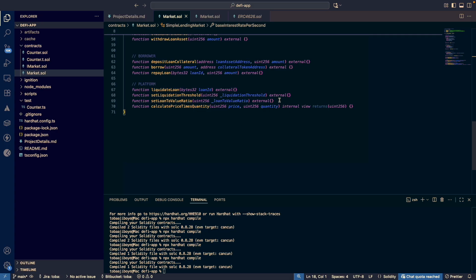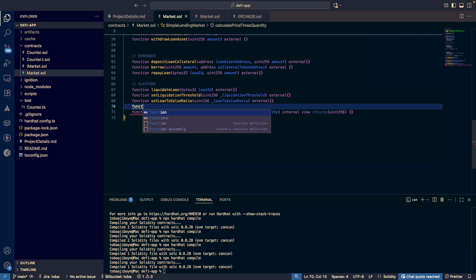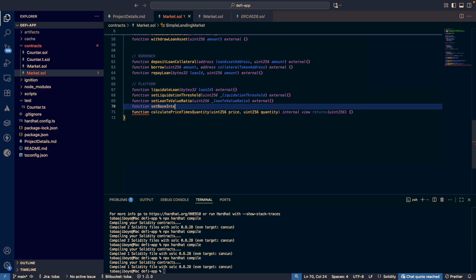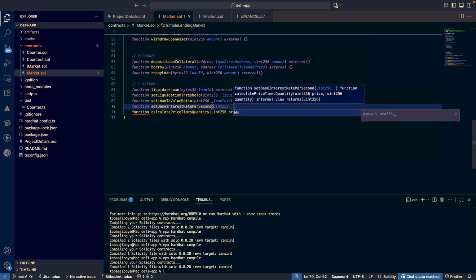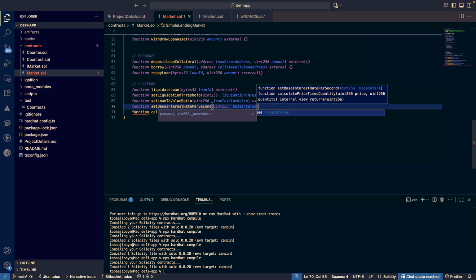Let's write a setter for it as well. Function set base interest rate per second, which takes a uint256 base interest rate per second.